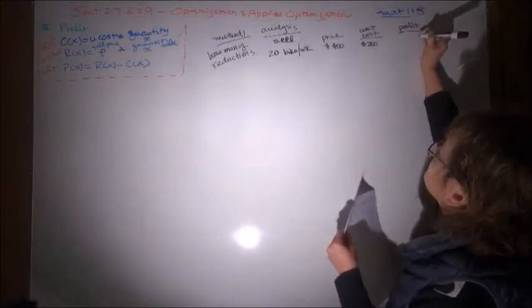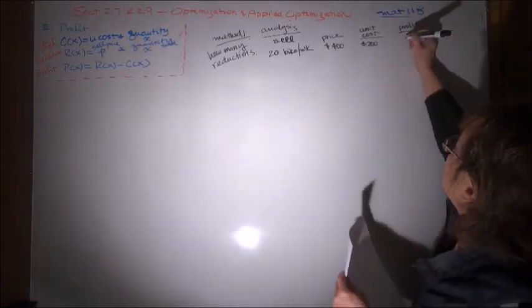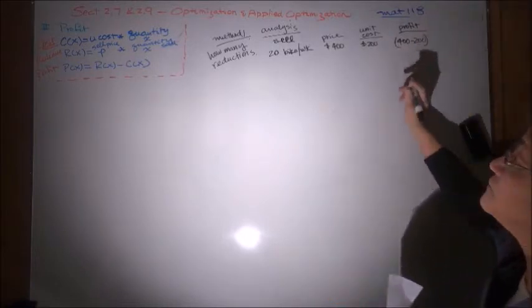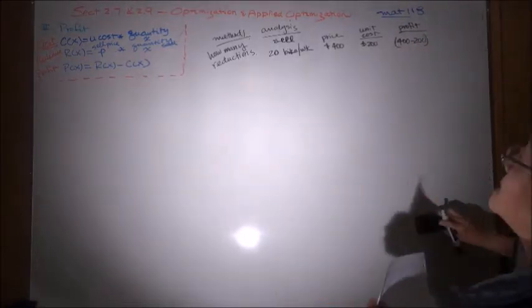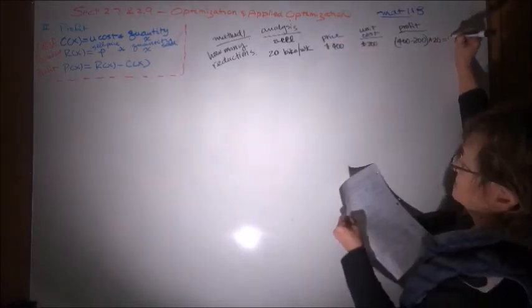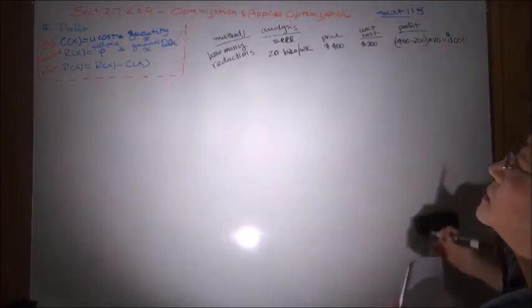The profit, right? So if you buy at 200 and sell at 400, you make $200 profit for each bike you sell, right? Then it sells 20 of them, so you will make $4,000.